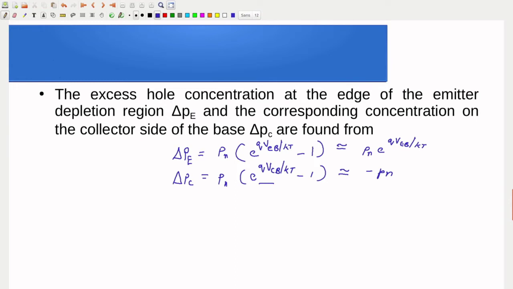Now, from the continuity equation for holes, from the diffusion equation of holes, since we are considering only the diffusion equation, we will have d square by dx square of delta P of x is equal to delta P of x by LP square, where LP is the diffusion length.